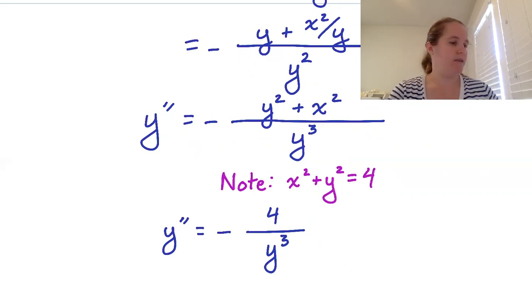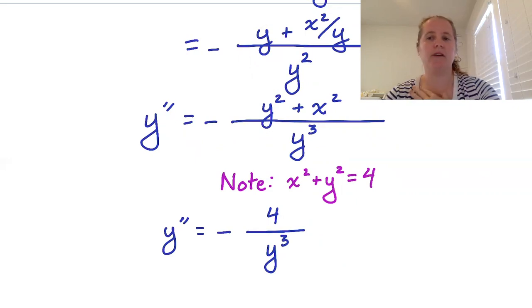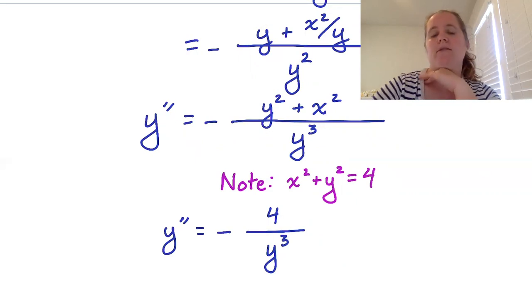So again, this is finding the second derivative. And we essentially took advantage during this process that we know dy dx in terms of x and y. So when we ultimately found another dy dx inside of our second derivative, we could substitute back in to get back to just x and y.